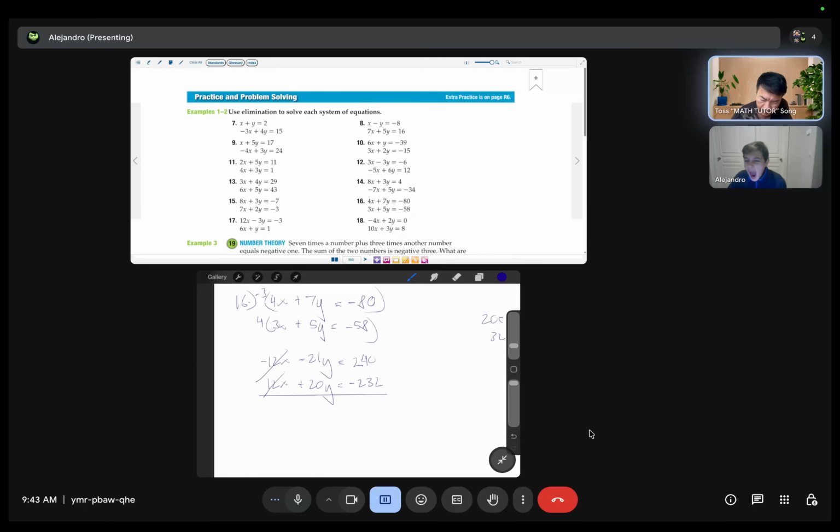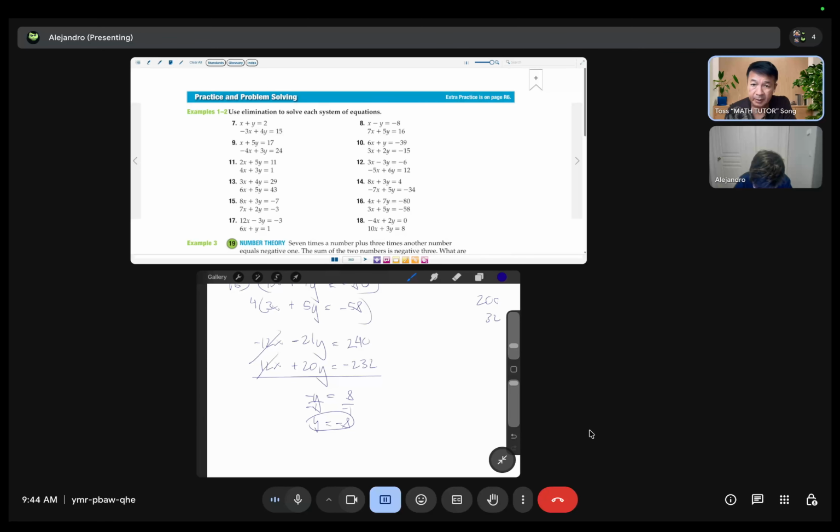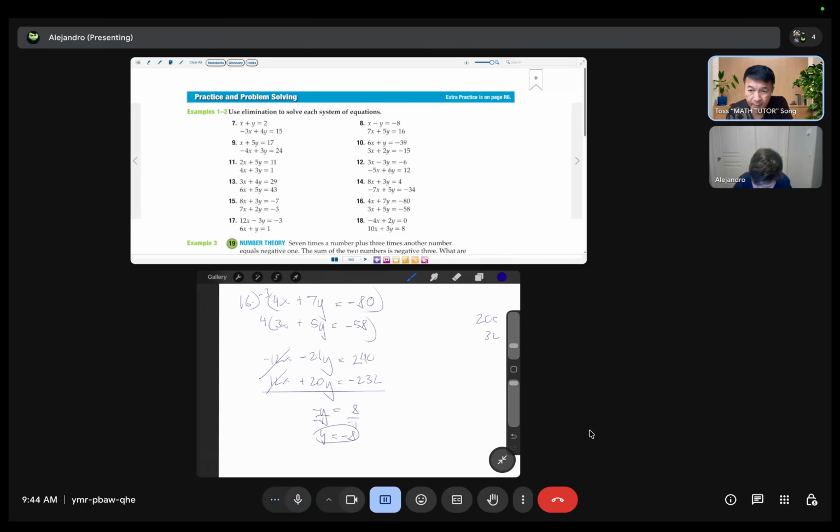Add them straight down. You get a negative y here with that one. And this one is what? Negative 8. I mean positive 8. So y, divide both sides by negative 1. Y equals negative 8. You can check my work there. And then plug it back into the x. It doesn't really matter. Second equation, maybe?